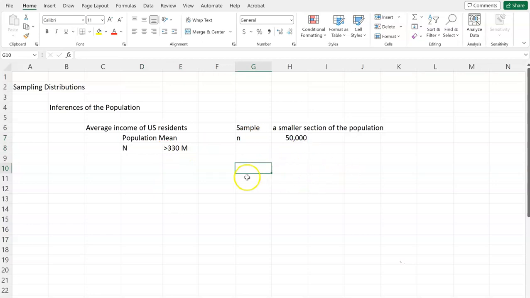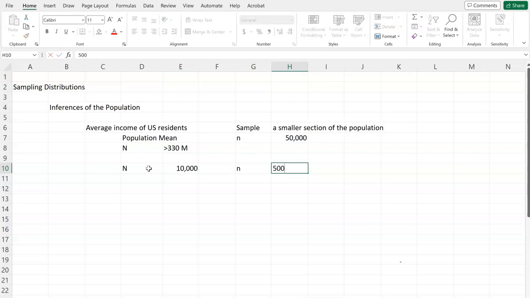Even with businesses, let's say my N is 10,000, as we said in one of our examples. In that case, I could use an n of 500 in order to get some information about the population. And this is where some people may wonder, how is this even possible? How can we use such a small sample to get inferences or information about such a huge population?